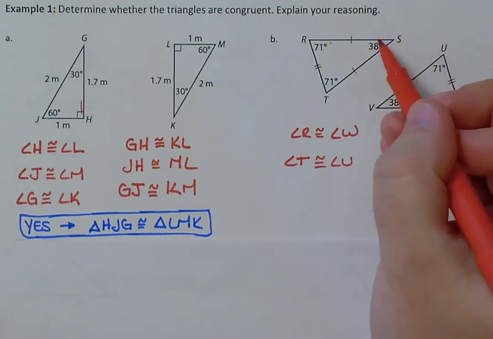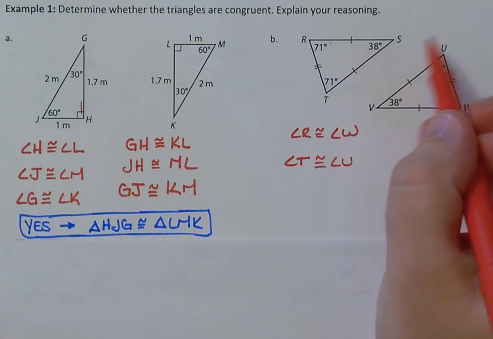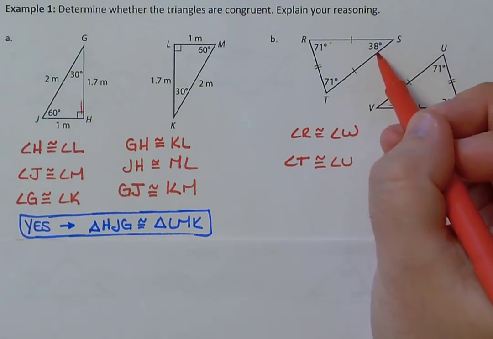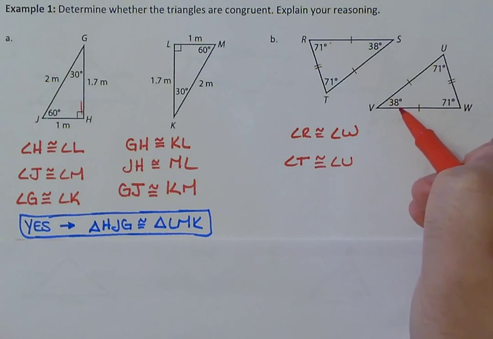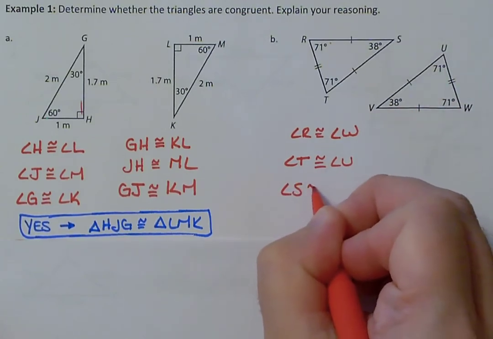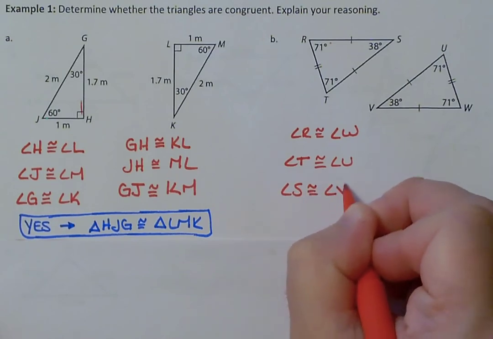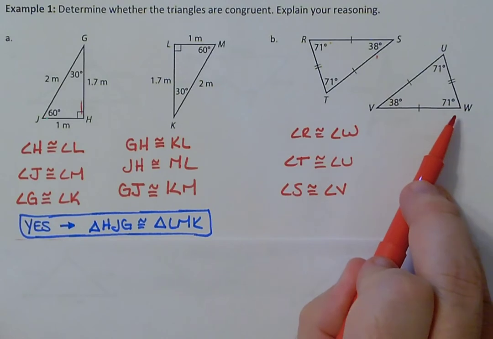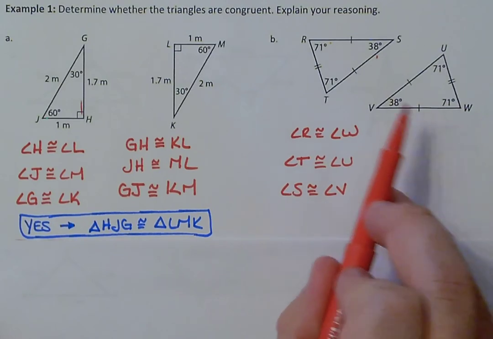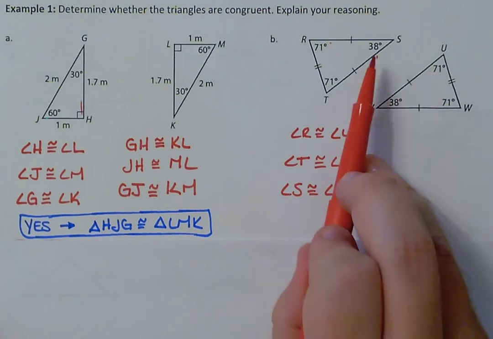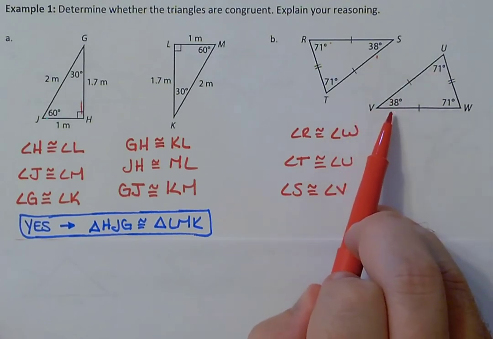And then lastly, I have angle S, which is 38. And I know that V is also 38. So I can say that angle S is congruent to angle V because they're both 38. So R and W are congruent because they're 71. T and U are congruent because they're 71. And S and V are congruent because they're 38.